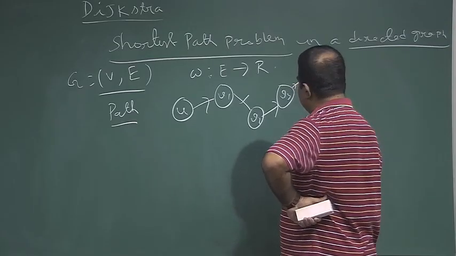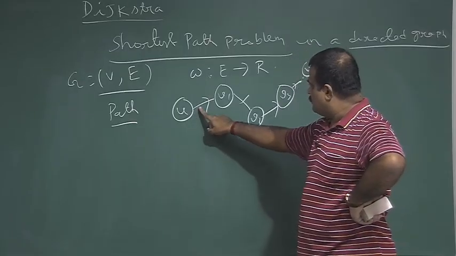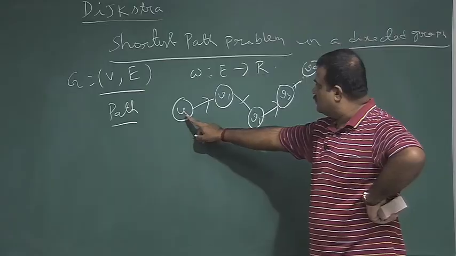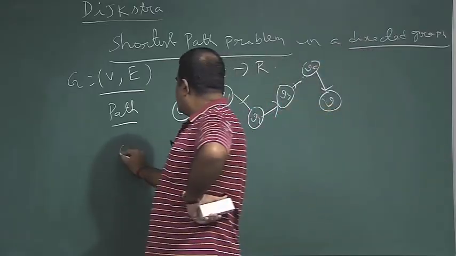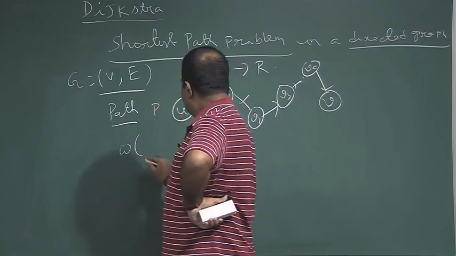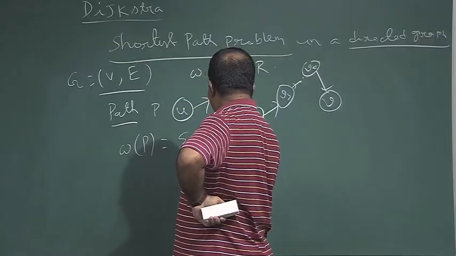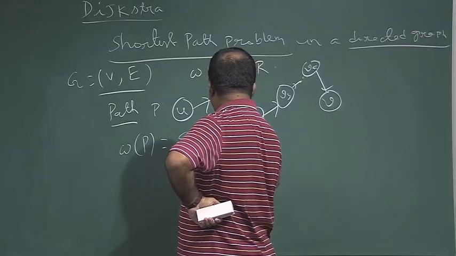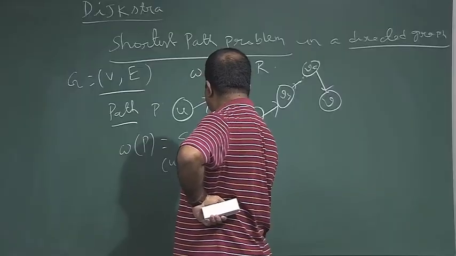This is a directed graph, and a path means a physical path. We should be able to go from u to v by following the direction. This is a path. Now, what is the weight of this path p? The weight of this path is the sum of the weights w(u, v) such that the edge (u, v) belongs to this path.